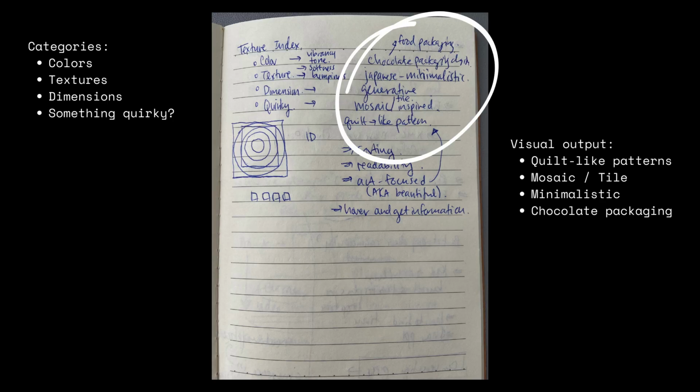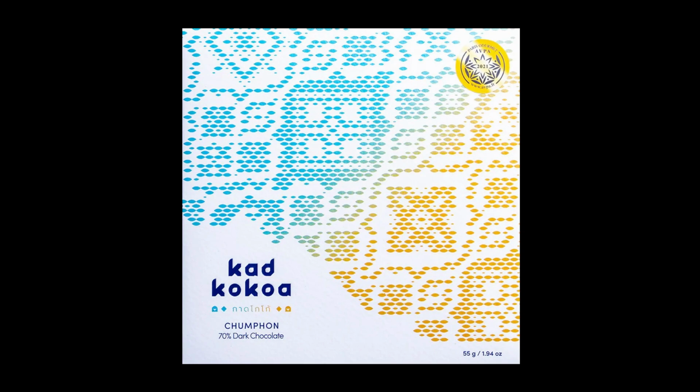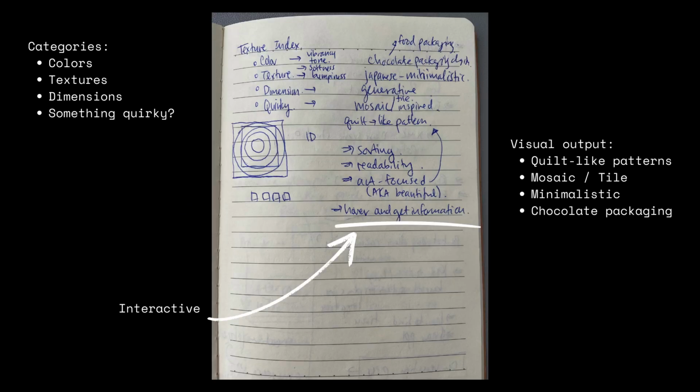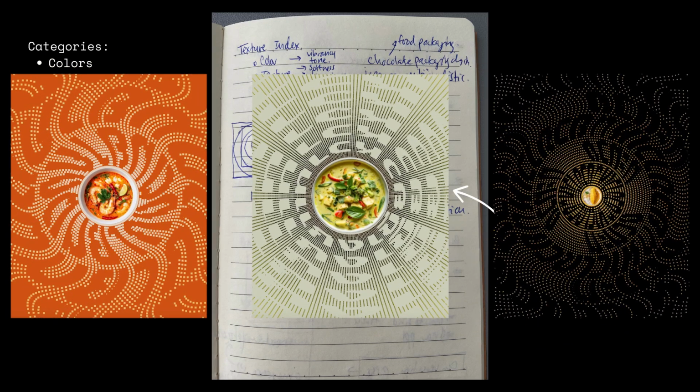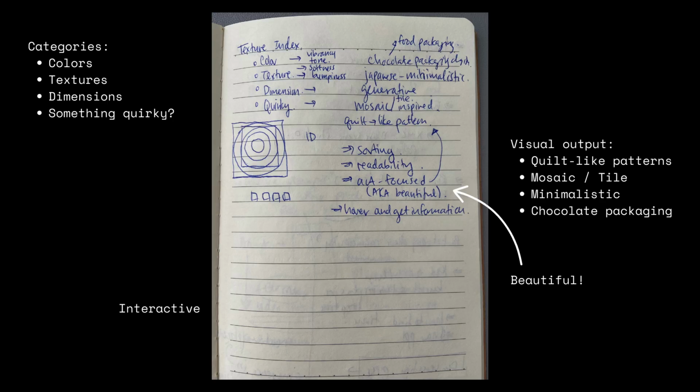I put chocolate/food packaging design here because there are a few Thai brands I've seen recently that I liked. I also wanted this to be interactive, using a mouse function where you can get information of some sort when hovered. And last week, my piece didn't scream data art. I wanted this one to be a bit more traditional, think charts and graphs, but the emphasis is still on it being beautiful.